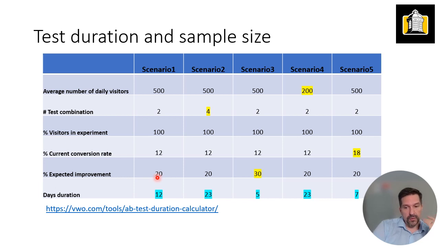So the lower the amount of data we need, and because of that, you're going to have to run the experiment for less time. So if you have this situation, 500 people just testing two combinations, you use everybody, you have a conversion rate of 12%, and you expect to find effects in the order of about 20% improvement, then you need to run the experiment in this case for 12 days.